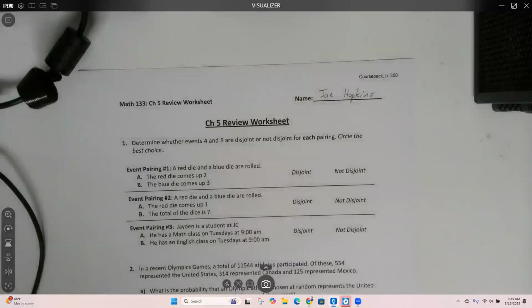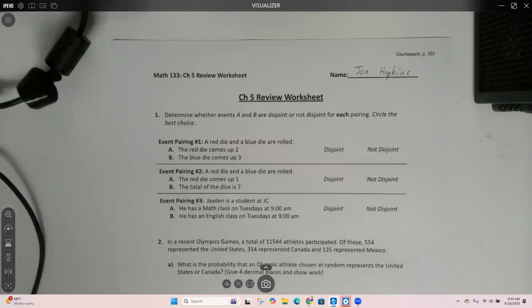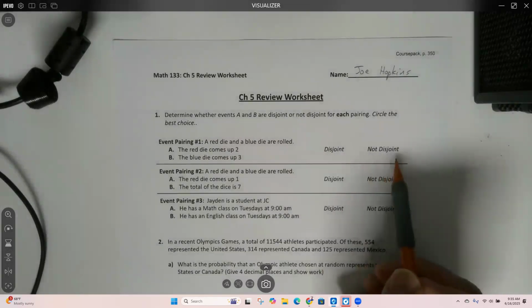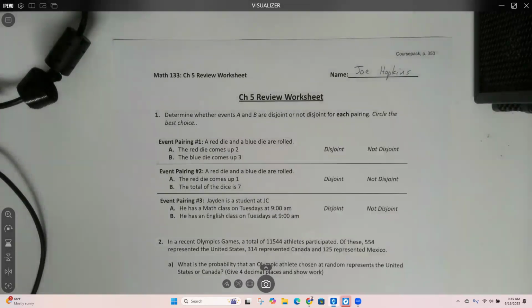Page 350, the Chapter 5 review worksheet, is all about probability, so how likely certain things are to happen. When we talk about probability, we talk about whether things are disjoint or not. Sometimes you might hear it referred to as mutually exclusive.